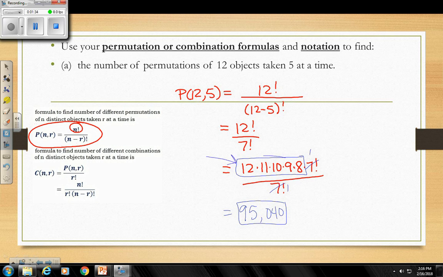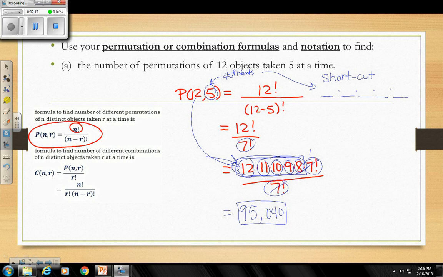Notice that right here, this is going to occur every time. You're going to be able to divide out this denominator with this every time. So here's what I would suggest that you look at. There are 5 numbers here, and you begin them with 12. So instead of using the formula, for the permutation of 12 objects taken 5 at a time, I make 5 blanks. 1, 2, 3, 4, 5.